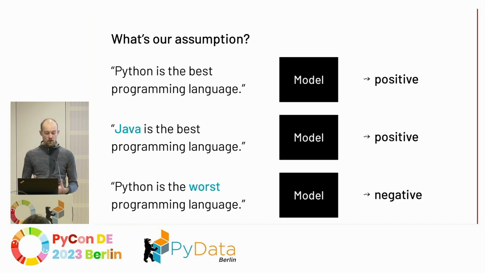However, if we switch out the word best for the word worst, then we would assume at least that we get a negative sentiment, and so quite likely the anchor in this case would be, does the sentence contain the word best, or does the sentence contain the words the best, for example.